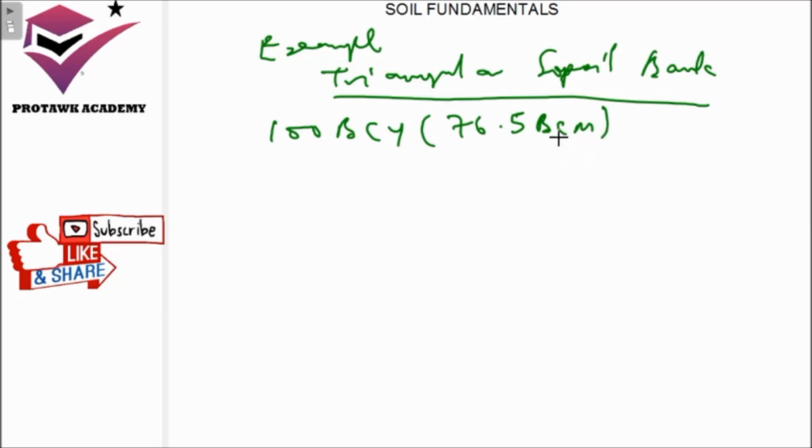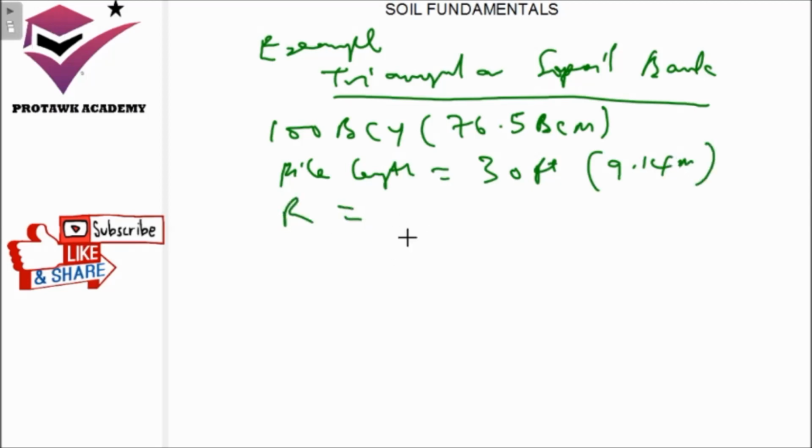If the pile length is given as 30 feet, which is 9.14 meters, and the soil angle of repose is 37 degrees, and we are given a swell of 25%.